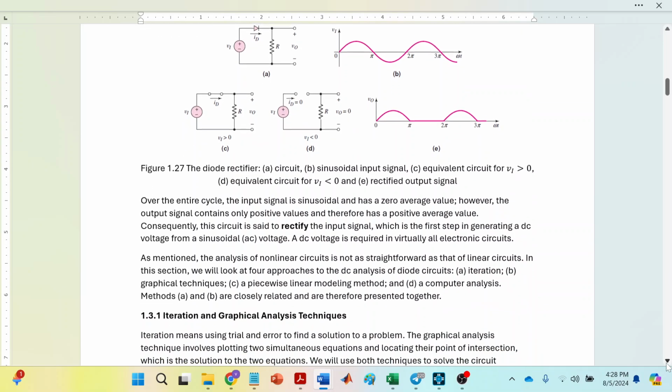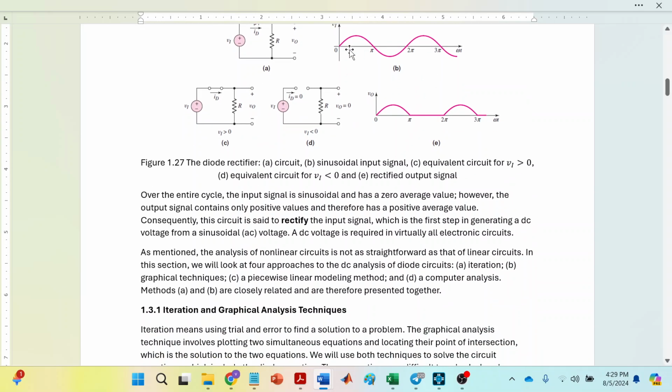So over the entire cycle, the input signal is sinusoidal and has a zero average value, because you have positive and negative, so on average it is zero. But the output signal, when it passes through this circuit, only has positive values. As a result, this circuit is said to rectify the input signal.